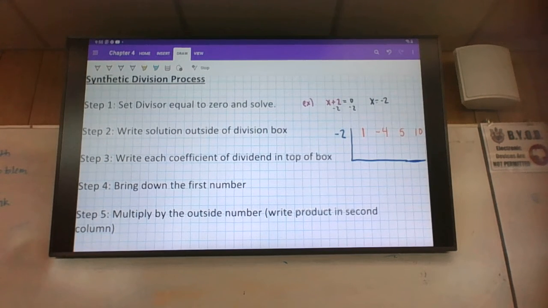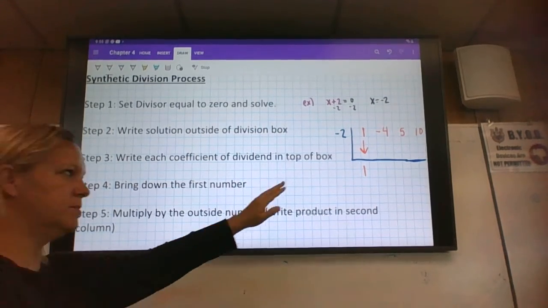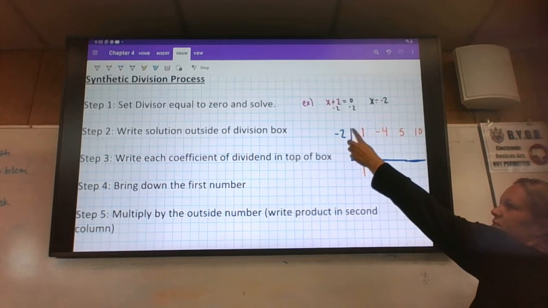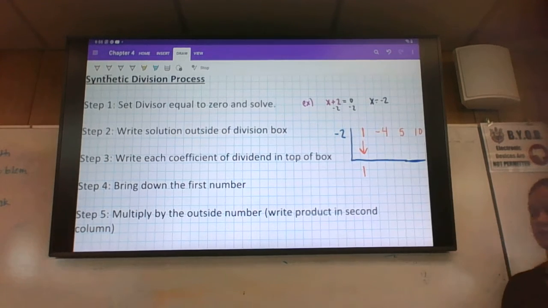Step 4 is you bring down the first number, so you just bring it down, you just rewrite it, and then step 5, you multiply the outside number, and then you write that product in the box. So I brought down this 1. I'm going to do 1 times -2, and I put a -2 in here.